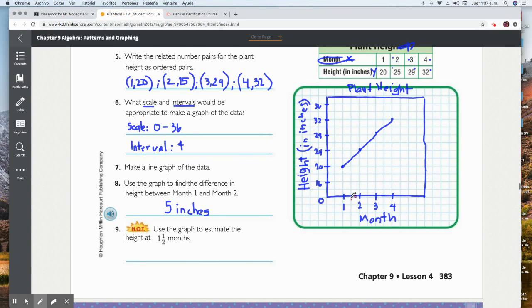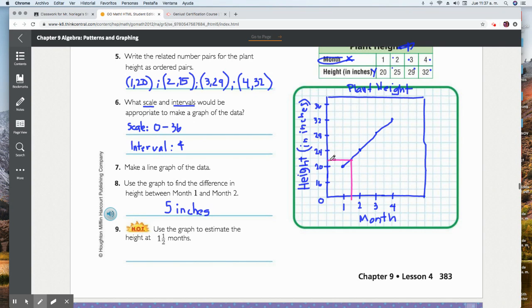So I'm going to draw a line, and as soon as I touch the line segment, I'm going to stop. And then I'm going to draw another line that touches the y-axis.